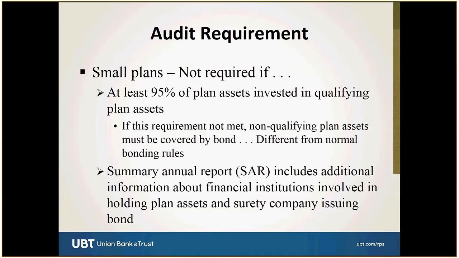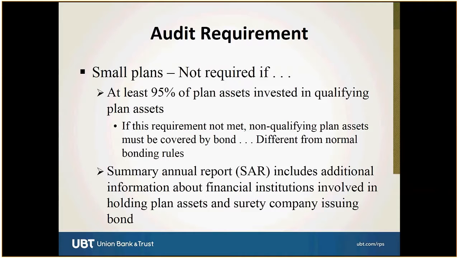Small plans typically don't have an audit requirement as long as 95% of the plan assets are invested in qualifying plan assets. If this 95% requirement is not met, then those non-qualifying plan assets must be covered by a bond, and that's different from the normal bonding rules that we talked a bit about last week, as an audit trigger.